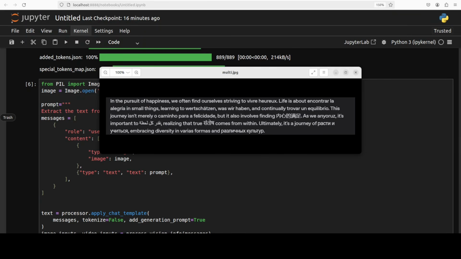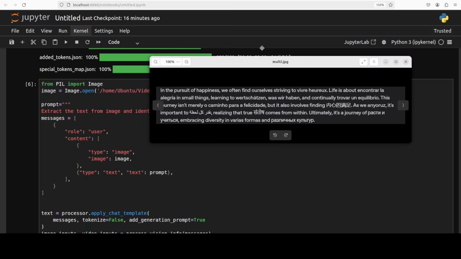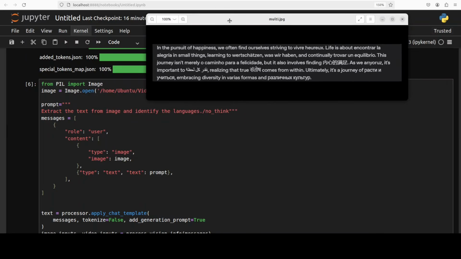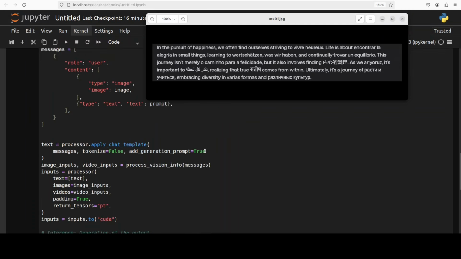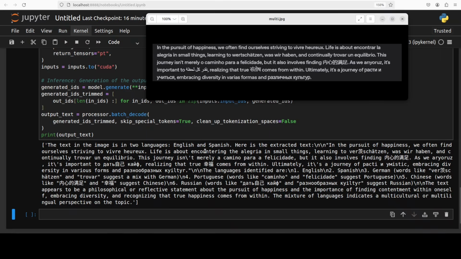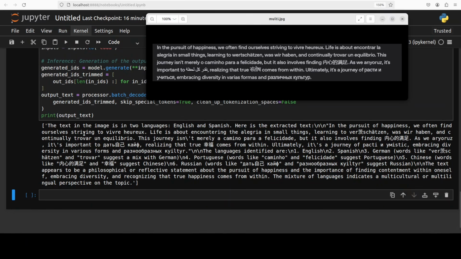And now let's check out the OCR stuff. I'm giving it this paragraph with many languages, from English to European languages, Hindi, Russian, Arabic, and a few others. I'm asking it to extract the text from the image and identify the language, and I'm doing the no thinking mode. It says that the text in the image is in two languages, English and Spanish.